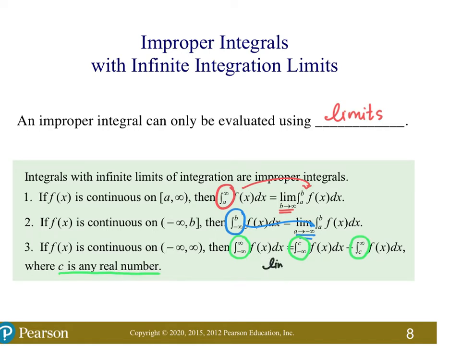So I would have a limit as a approaches negative infinity of the integral from a to c of f of x dx. And then I'll introduce a second limit, and my bounds will go from c to b, and the limit as b approaches positive infinity of the integral of f of x dx. So we're going to use the combination of the first and second rules along with an arbitrary split of the interval at a value c.